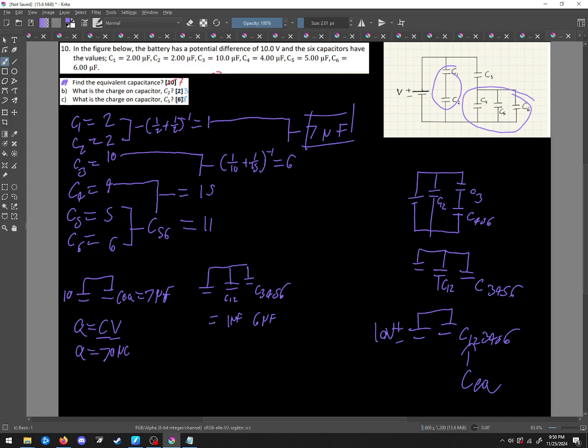And we know that Q is 70 microcoulombs, but we don't know the voltage here. Well, let's see. They're in parallel.